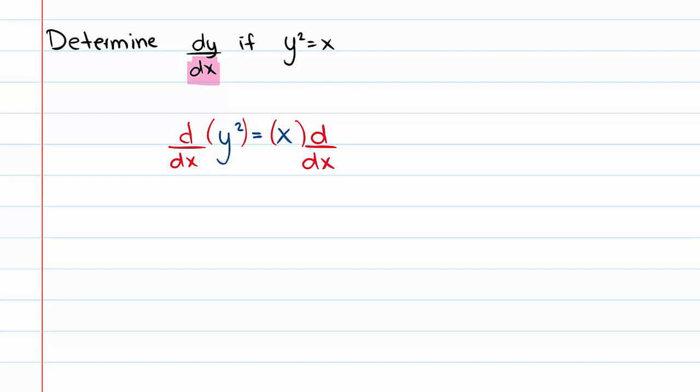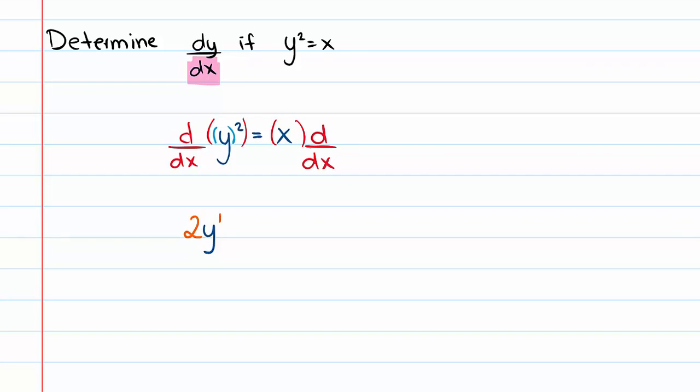Remember that we use the chain rule because we have the derivative of y squared with respect to x. We can think of this y as being squared. So using the chain rule, the exponent is going to come down, and you get 2y to the first power. That's using the chain rule.